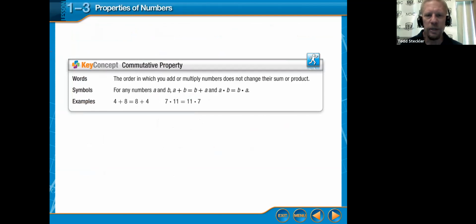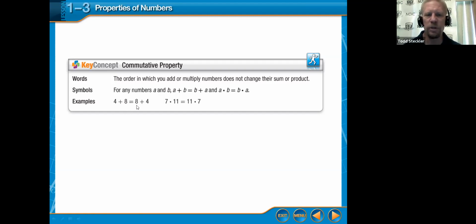The important property that I mentioned in the previous lesson was the commutative property. The commutative property holds for both addition and multiplication. And basically what it says is that when you're adding or when you're multiplying, the order that you do it doesn't matter. So if we take 4 plus 8, that's 12.